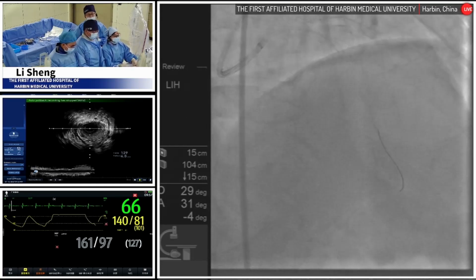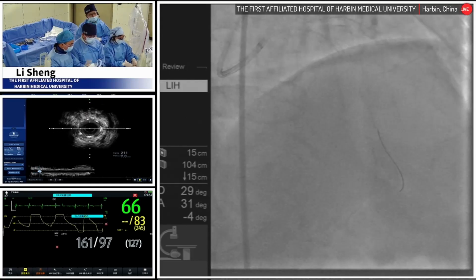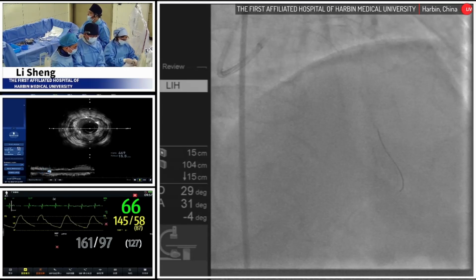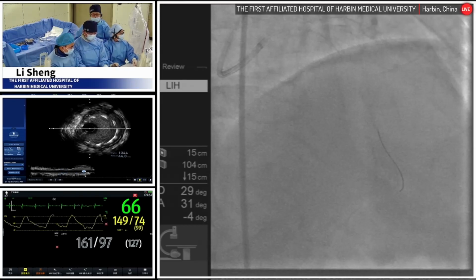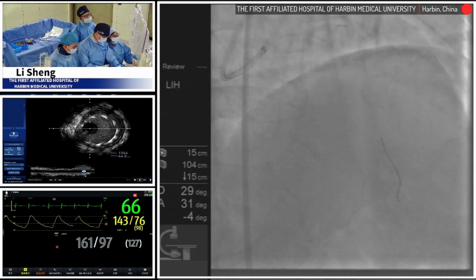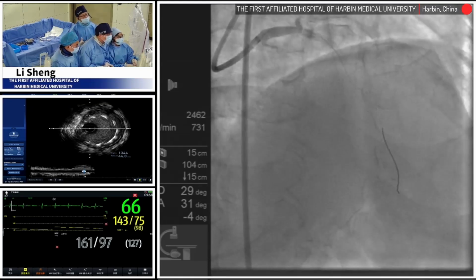But right now, we need the result of QFR for the circumflex. Can someone give us the results? What's the QFR for the circumflex? We are waiting for that. There's something wrong with the computer. That's all right, just tell us the result.